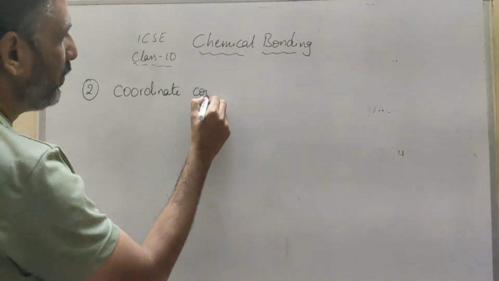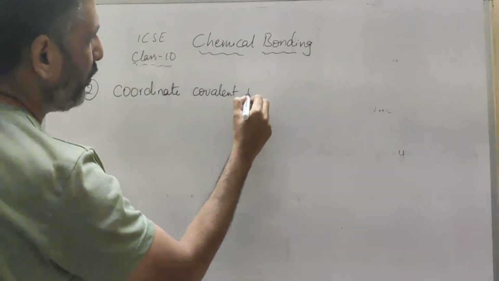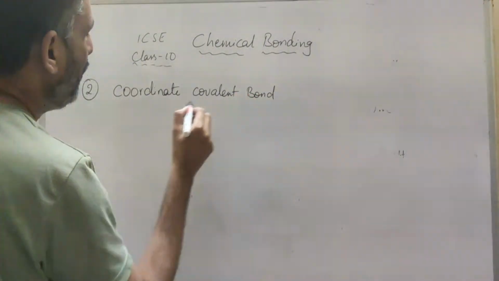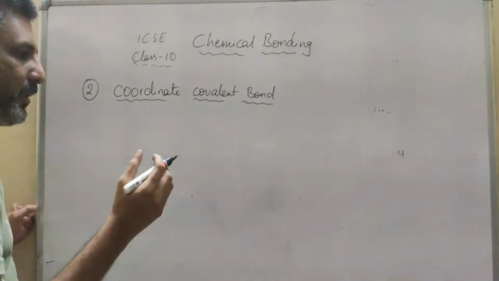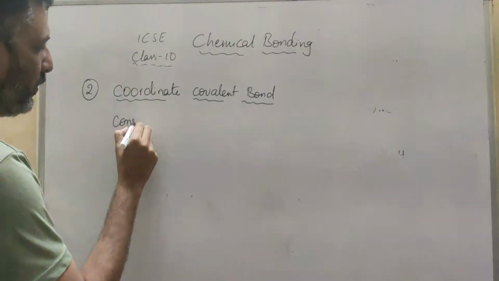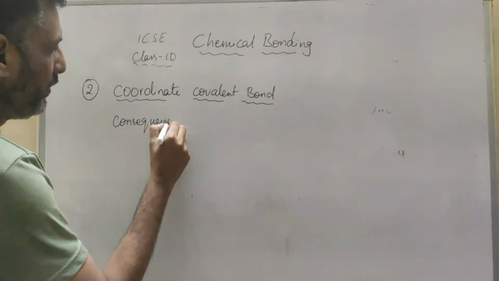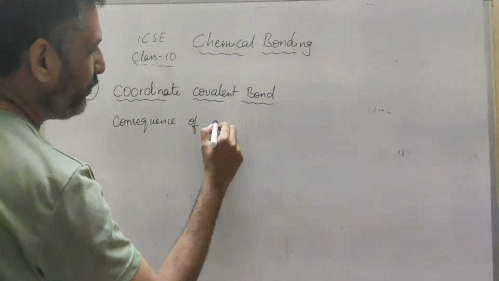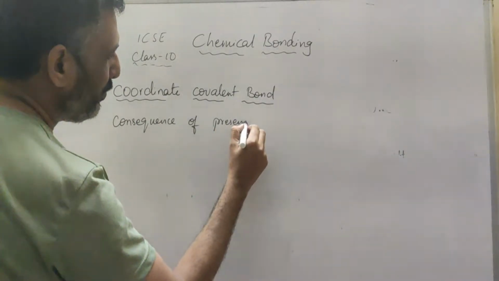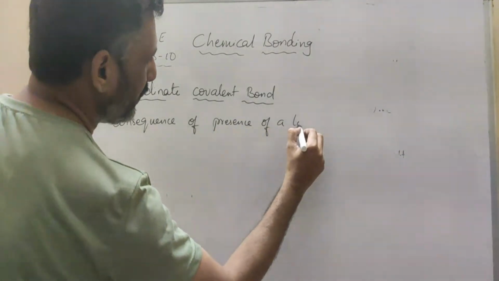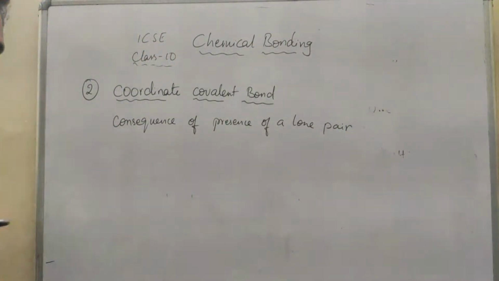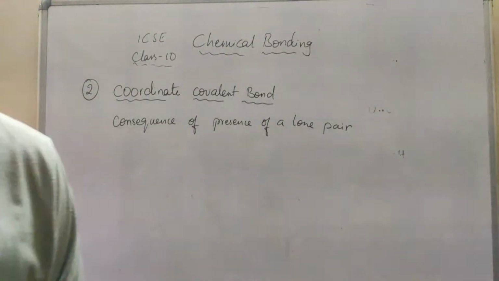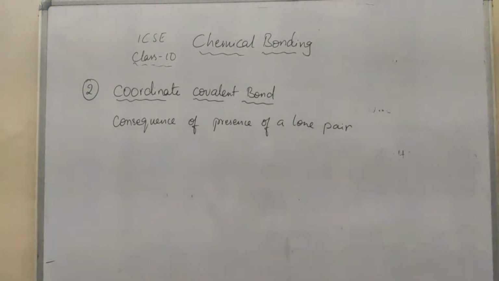This is just a consequence of the presence of a lone pair. That means if any molecule has a lone pair, it can participate in this coordinate covalent bond.